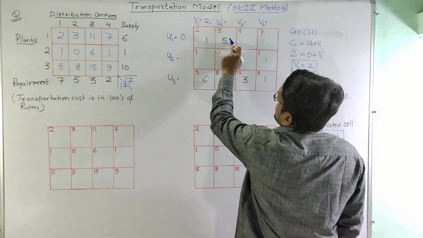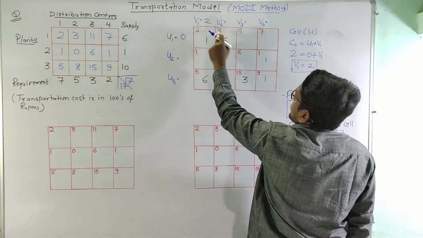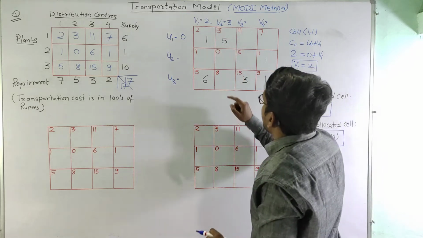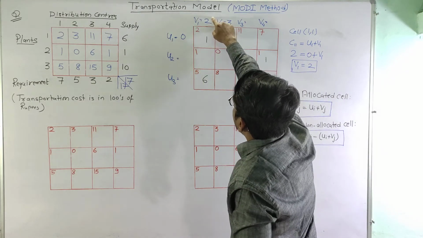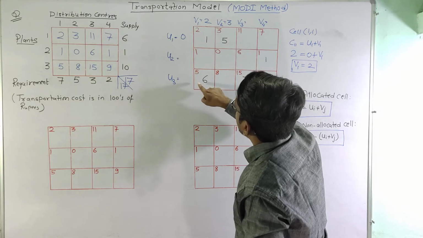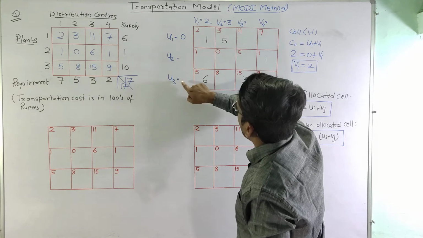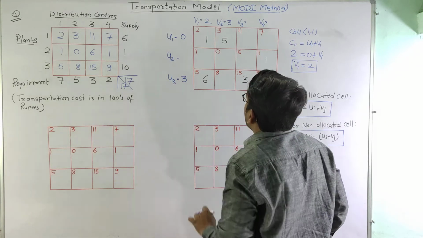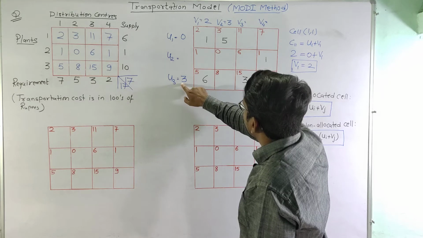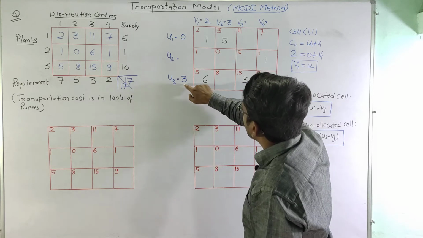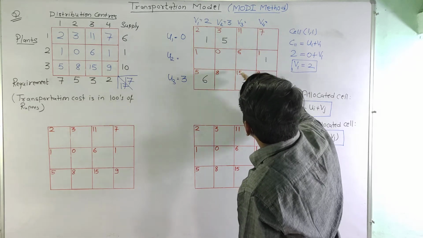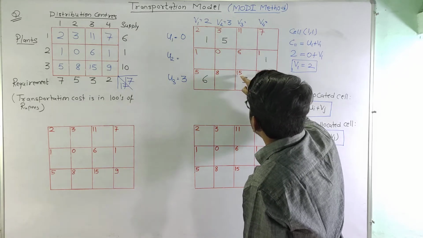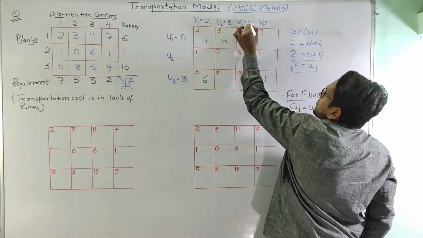This is also a basic cell. 0 plus what equals 3? That means 0 plus 3 equals 3. Once we have found v1, we can find the value of u3: 2 plus what equals 5? 2 plus 3 equals 5. Similarly, when we know u3, then u3 plus what equals 15? u3 plus 12 equals 15, so this will be 12.